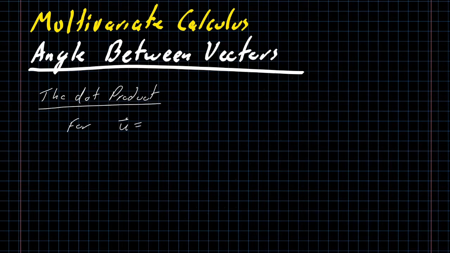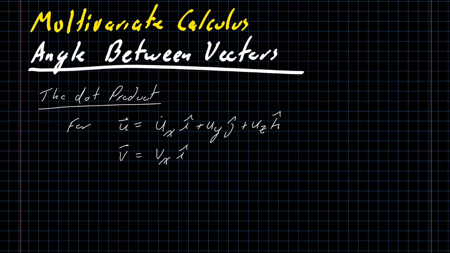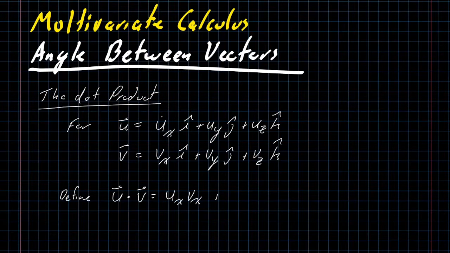For vector u, which is going to be ux i hat plus uy j hat plus uz k hat, and vector v, which we're going to write as vx i hat plus vy j hat plus vz k hat, we define u dot v as ux vx plus uy vy plus uz vz.